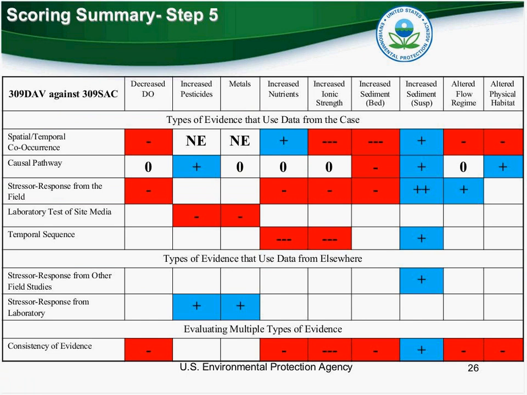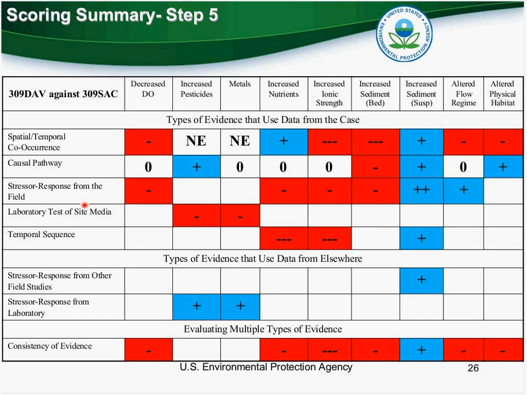This big ugly table is the net result. Up at the top are the different candidate stressors that the stakeholders identified as possibly causing the impairment in the lower Salinas at site 309 Davis, compared to a comparator site, our 309 SAC site.